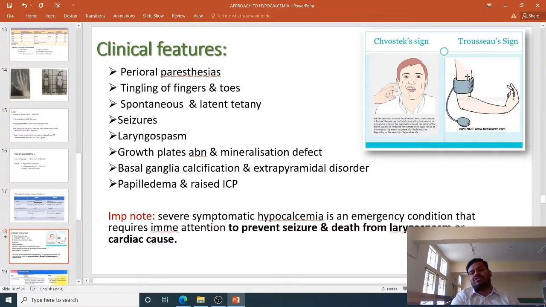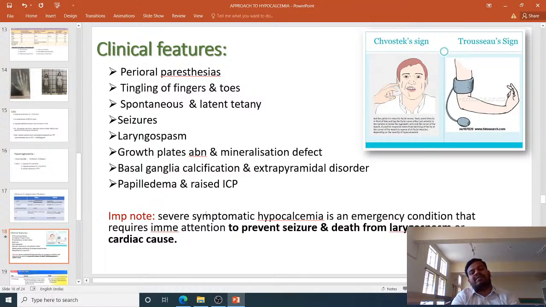And the Trousseau sign is when you inflate a BP cuff and keep it for around 20 to 30 seconds, around 1 minute. Then you immediately see the patient having carpopedal spasm, which is a positive sign for hypocalcemia. So these are the two signs you see when there are low calcium levels: Chvostek sign and Trousseau sign, which you should remember.